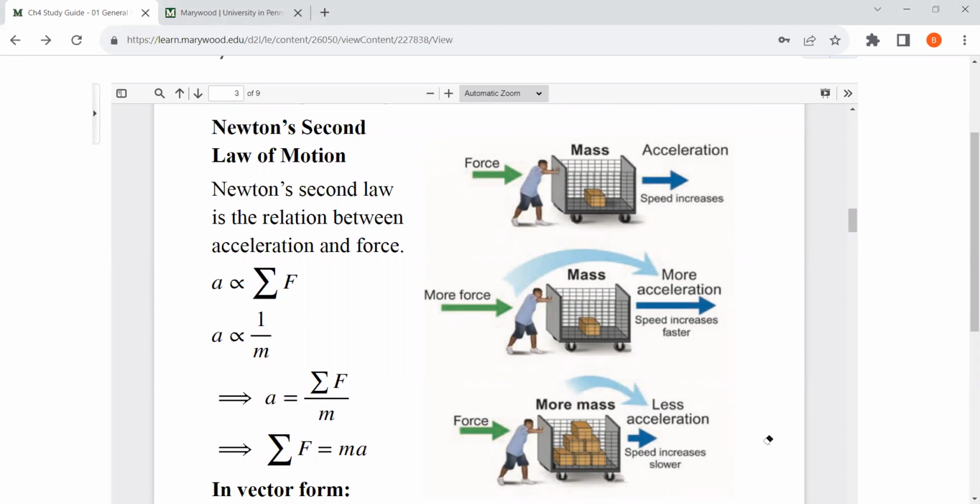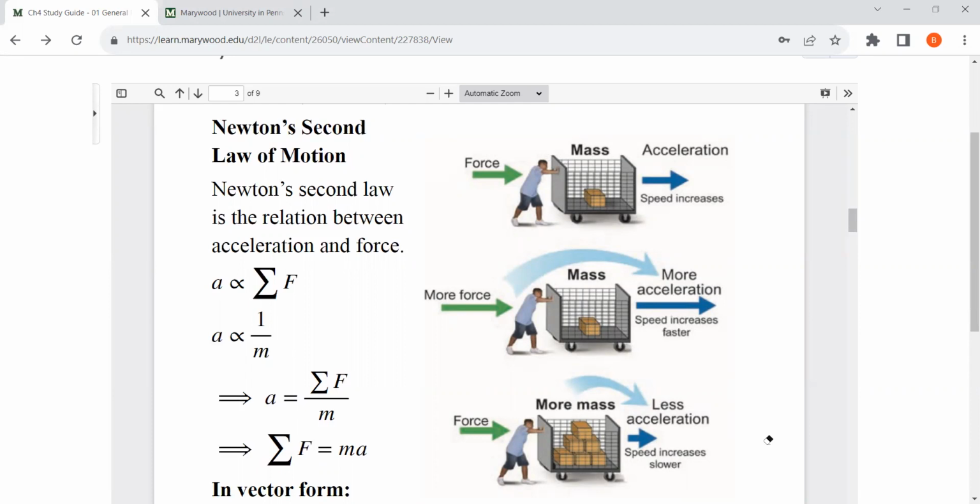Newton's first law tells us that when net force is equal to 0, the object initially at rest wants to stay at rest. If the object is initially in motion at constant speed in a straight line, it wants to remain in motion at constant speed in a straight line. So that is Newton's first law.